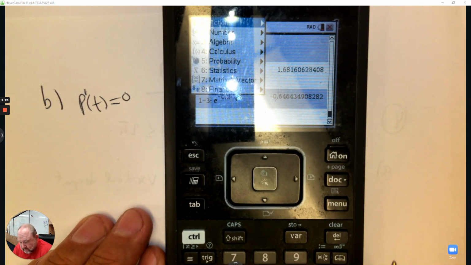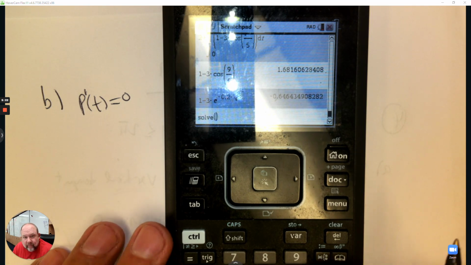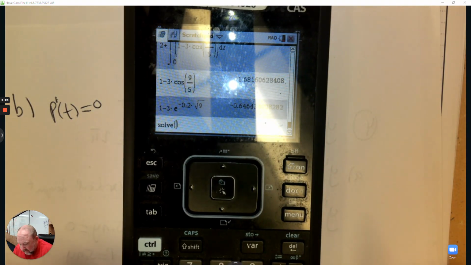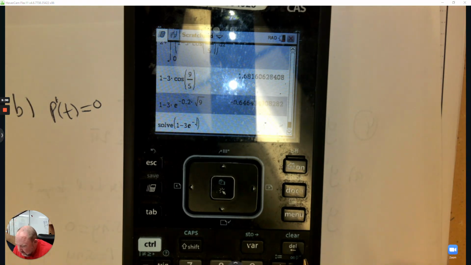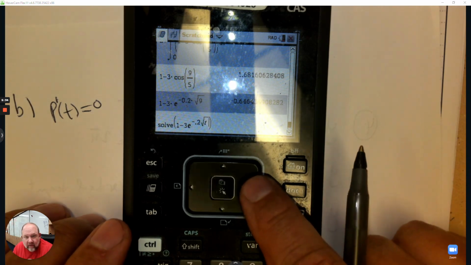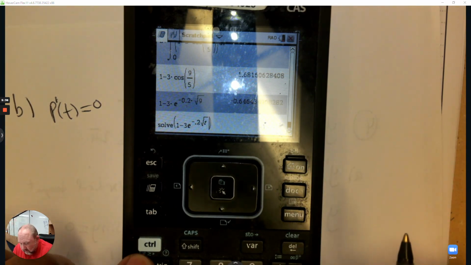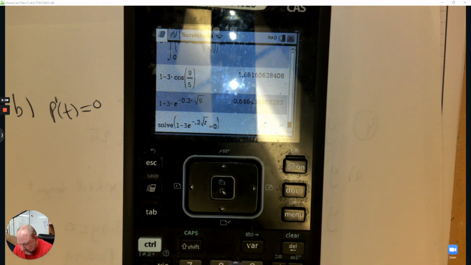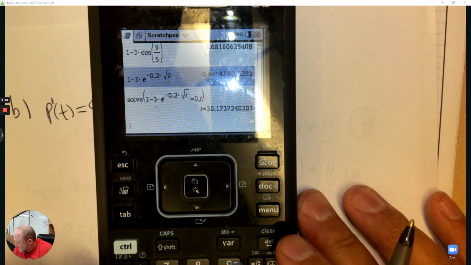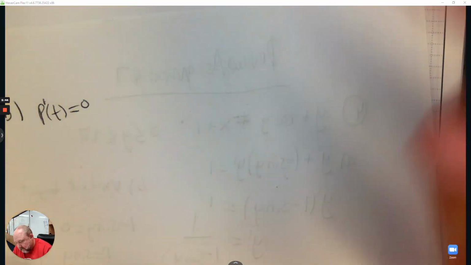So we're going to go menu algebra solve. I don't need to find the derivative is what I'm looking at. So it's just taking that equation, 1 subtract 3e to the negative 0.2 and the square root of t. Make it equal to 0 comma t. And I get 30.173.